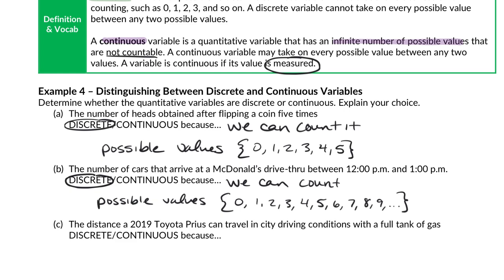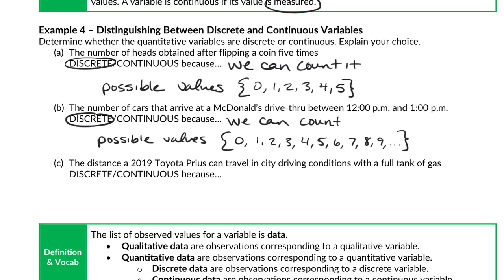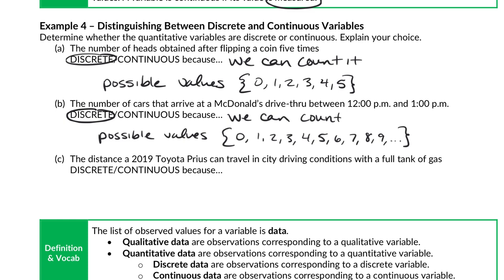Part C asks, is it discrete or continuous? The distance a 2019 Toyota Prius can travel in the city driving conditions with a full tank of gas. Continuous. Why is this one continuous? Because you can measure it. Our possible values here are not going to be written as a set since it is continuous.